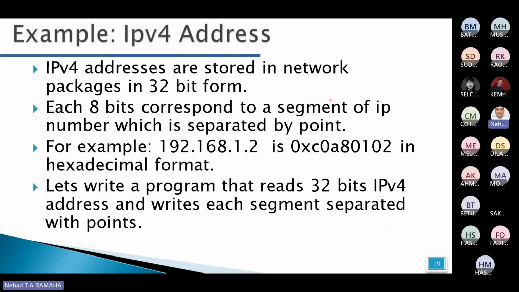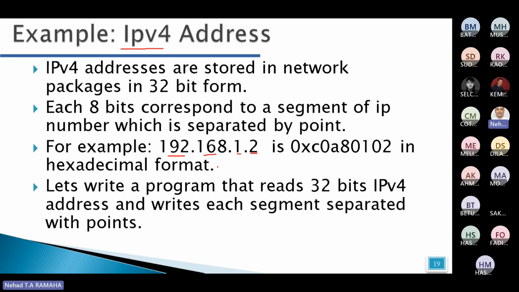Okay, we take another example for this operation because it's an important operation, using IPv4. You know the IP address, yes? V4 means version 4, which has 4 places in the IP address.